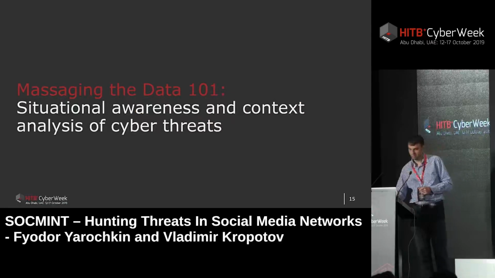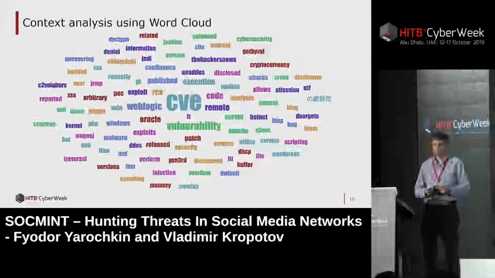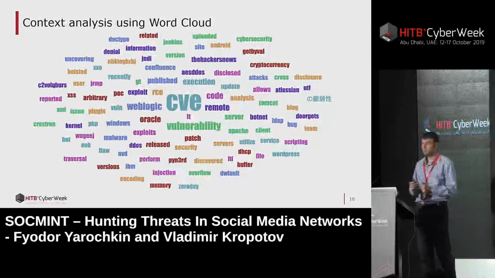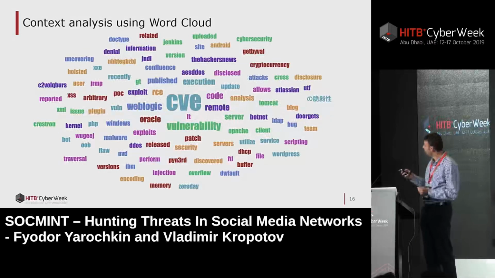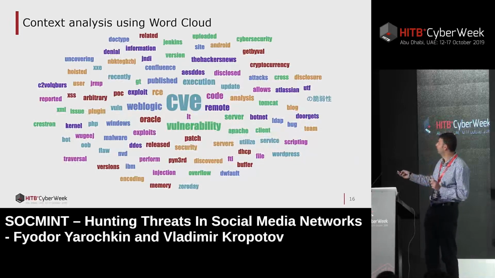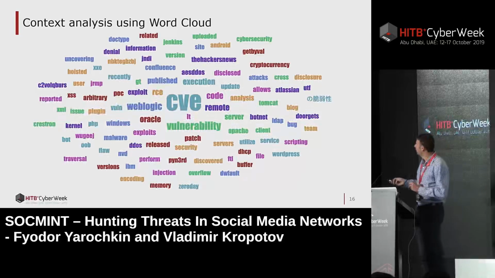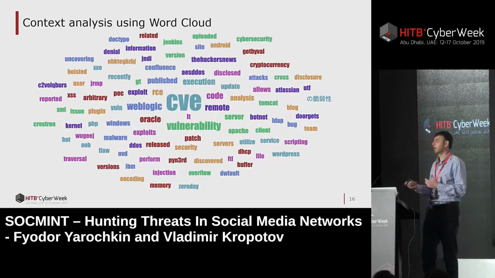So let's go to some more interesting examples. What happens if you visualize CVE on a particular day? You can see the context. The bigger the word here, the more times it appeared on Twitter, so it's the most discussed word.